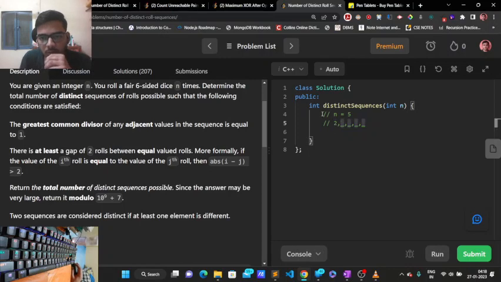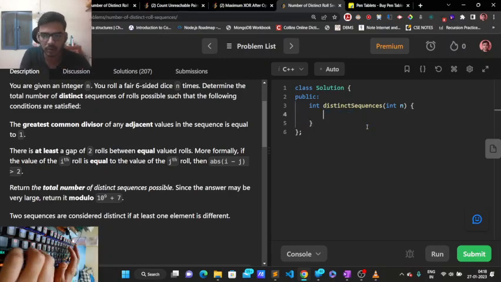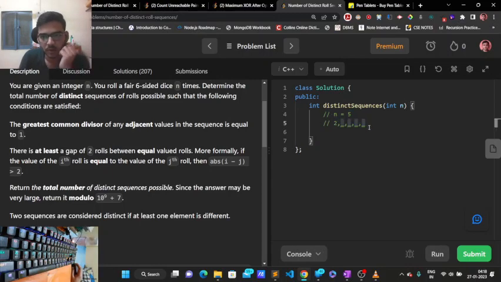So this particular problem is actually of DP. That means we can break this problem into smaller parts. Now, in order to solve this problem, we have to know what the previous two states were.